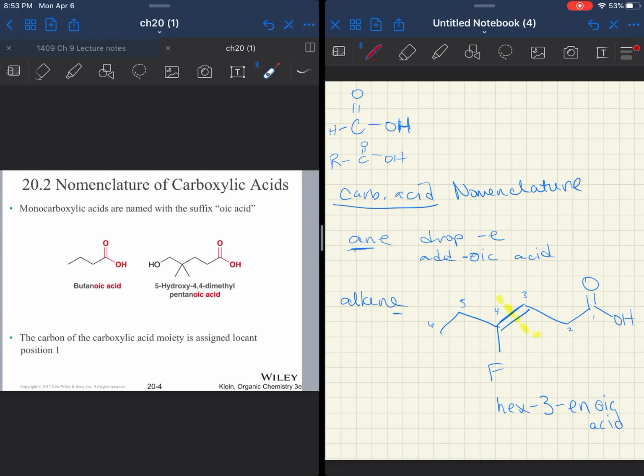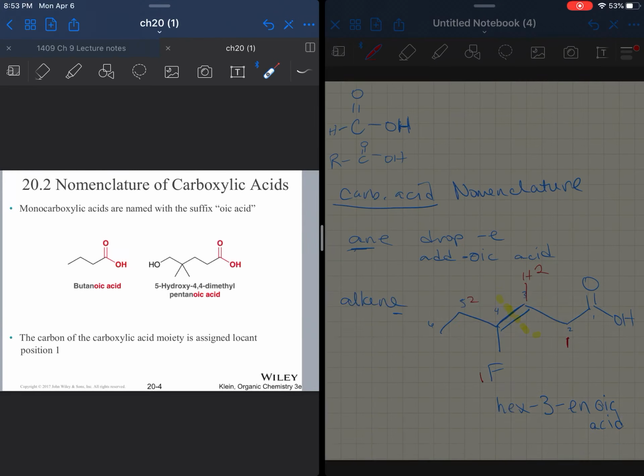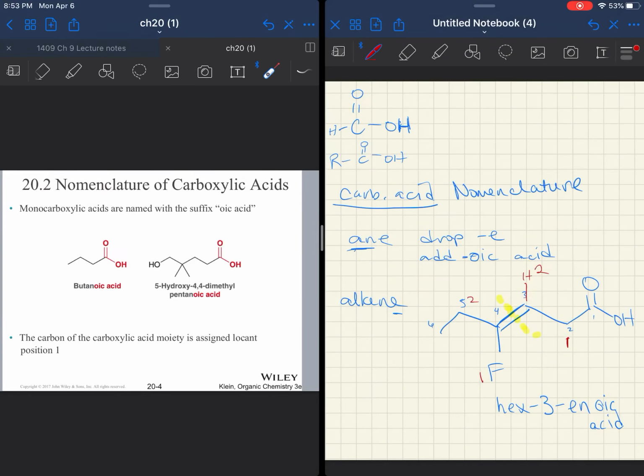Now, something you should note here is there is stereochemistry involved. If we look at this particular double bond, there's an H coming up here. We cut down the center. Fluorine beats carbon. Carbon beats hydrogen. The ones are on the same side, and so this is a Z stereoisomer.